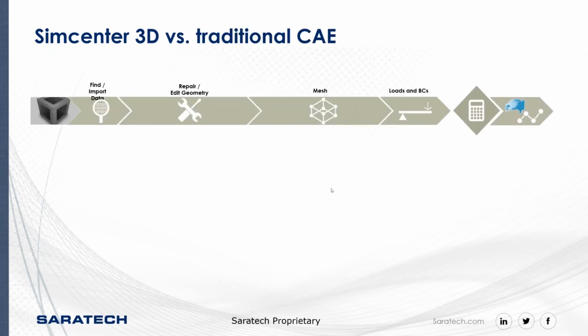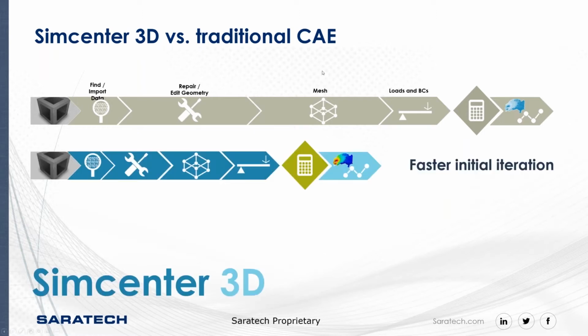So here's just a traditional CAE setup. You grab your information, you import data, maybe you start with a CAD model, then you repair or edit the geometry, make it fit for the mesh that you want to have, apply your loads and boundary conditions, send it to the solver, and look at results. Now, with Simcenter 3D, since it is built with the CAD in the background, within NX CAD, it makes some of these tasks very easy because you can use things like synchronous technology or some of the powerful tools built into the CAD platform to set up the model, especially repairing and editing geometry.